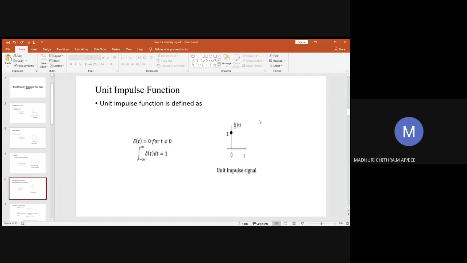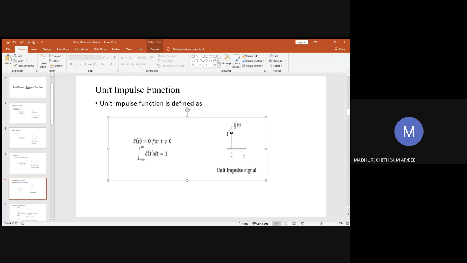Next, the unit impulse signal. The unit impulse signal is defined as del of t equal to 0 for t not equal to 0, and the integration from minus infinity to infinity of del of t dt equals 1. This is the basic representation of the signal. In a GATE exam, they have asked about the unit impulse representation as a 2 mark question, so you should learn each and everything.